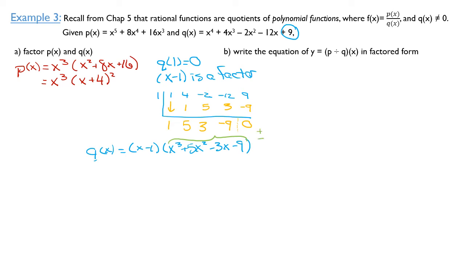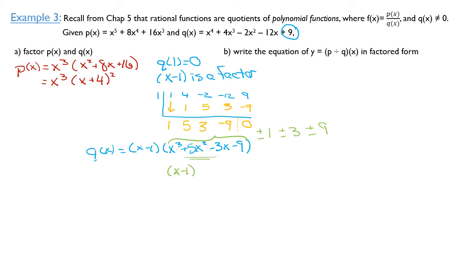Try plus 1, try minus 1, try plus 3, try minus 3, try plus 9, try minus 9, and you'll come across one really quickly. Again, it's 1. So we're just talking about this section here now. Just looking at this piece, I know that x minus 1 is a factor of it.